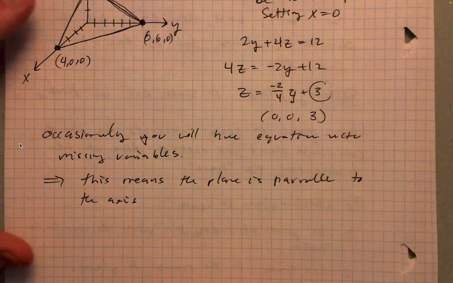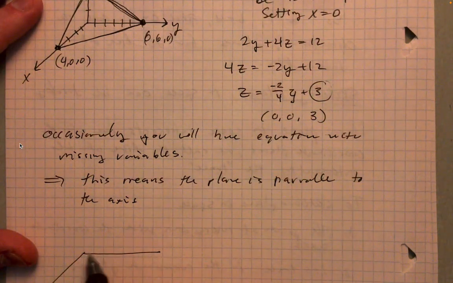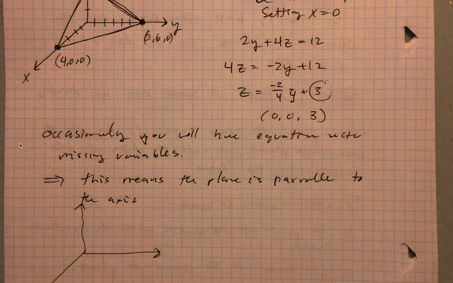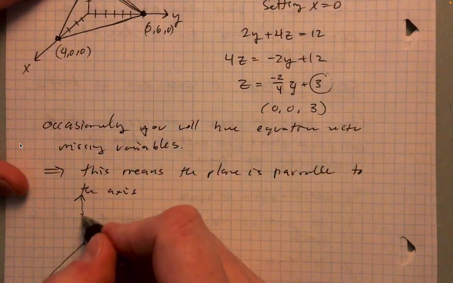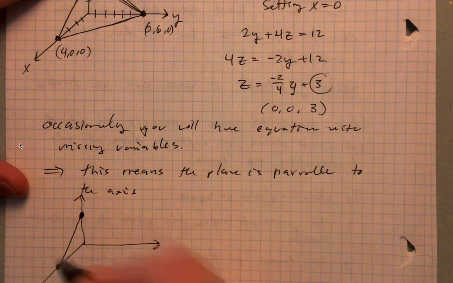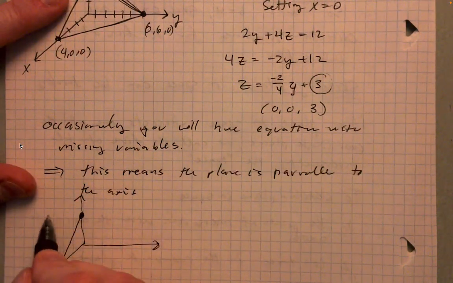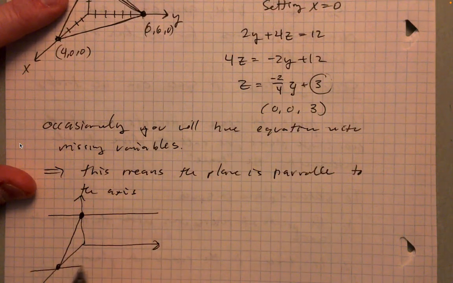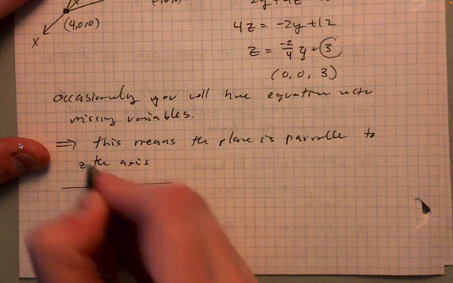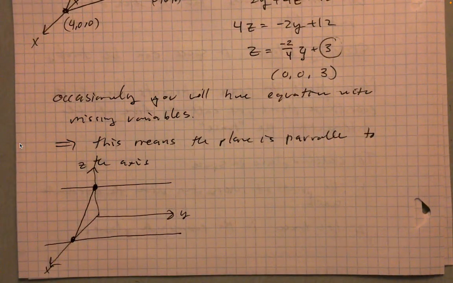Okay, right? So for example, let's draw a picture here. Okay, so if I had it intersect here and here, okay, and then let's just say the plane extends this direction, right? And it never crosses. This is the x, y, and z axes. It never crosses the y-axis, right?